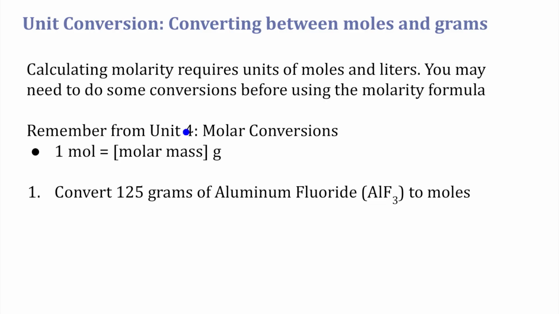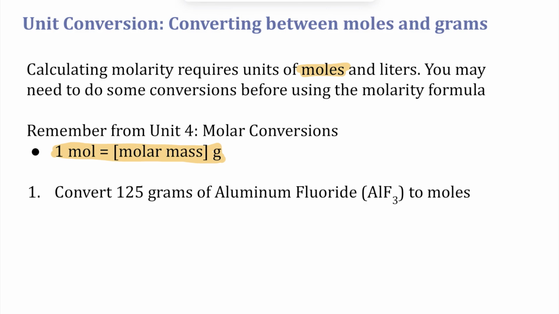Remembering from Unit 4 and stoichiometry, molar conversions, we know that the relationship between moles and mass is that 1 mole is the molar mass in grams for a chemical. And so if we don't already have moles for our solute, because it's easier in a lab for us to measure grams, we're going to need to use this conversion factor in order to do that conversion.